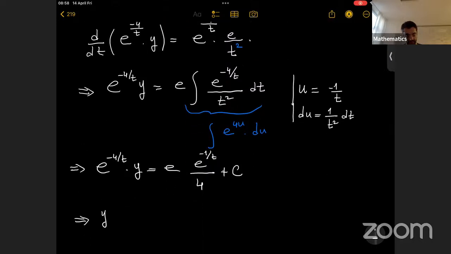Maybe let's write first y. Y is equal to e times, of course, with parentheses. The parentheses are not important here because e times c is a constant anyway, so you will get a constant, but let's write like this.